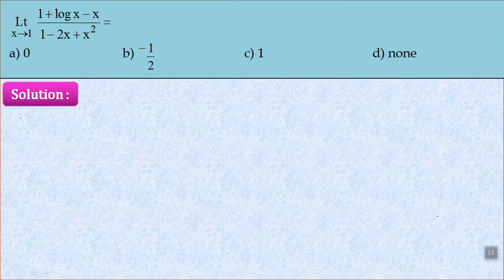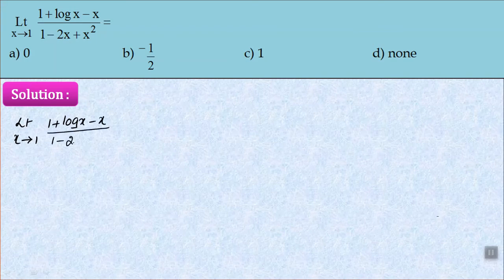Here the question is limit x tends to 1 of (1 + log x − x) divided by (1 − 2x + x²). Here we substitute the limit: 1 plus log 1 is 0, minus 1, divided by 1 minus 2 into 1, which is 2, plus 1 square, 1.